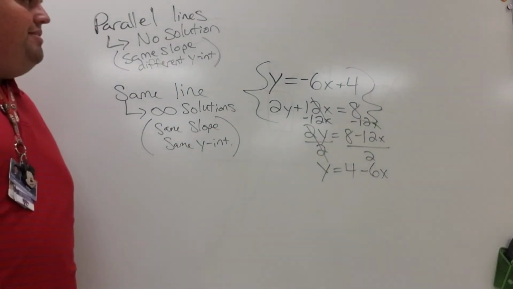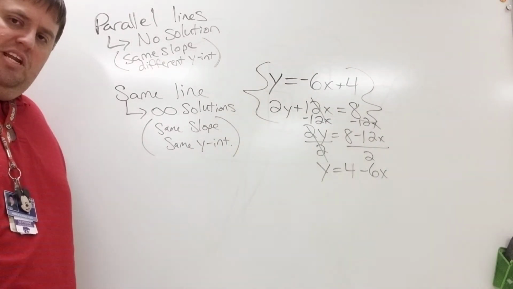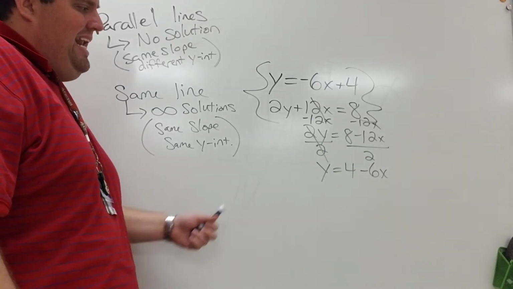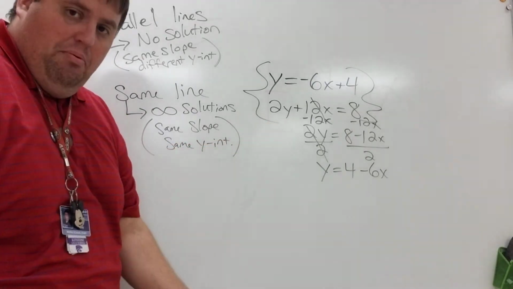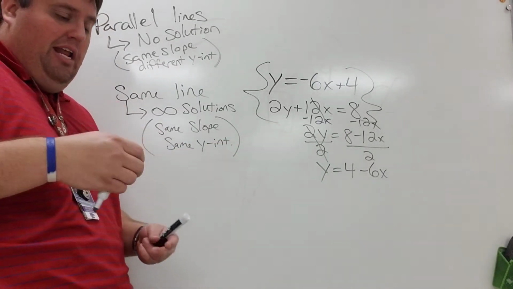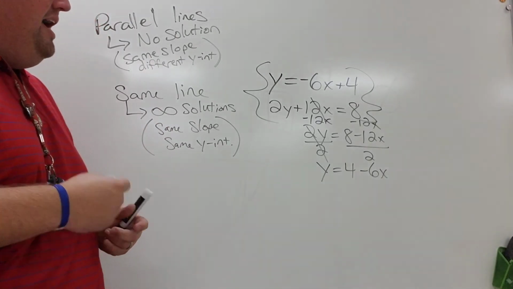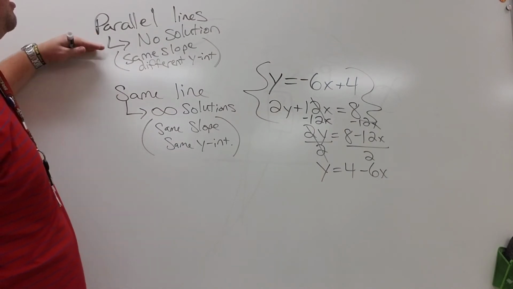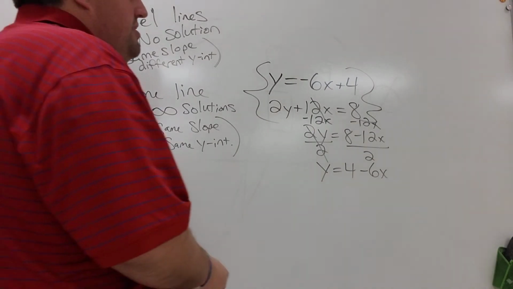That's how you're going to get your infinite solutions case, if it's the exact same line. Now, normally they'll kind of hide it like this, and they'll put one in standard form or something. You're going to have to rewrite it and see that they're actually the same line. But if you end up with the same line, there's your infinite solutions. Parallel lines is your no solutions.